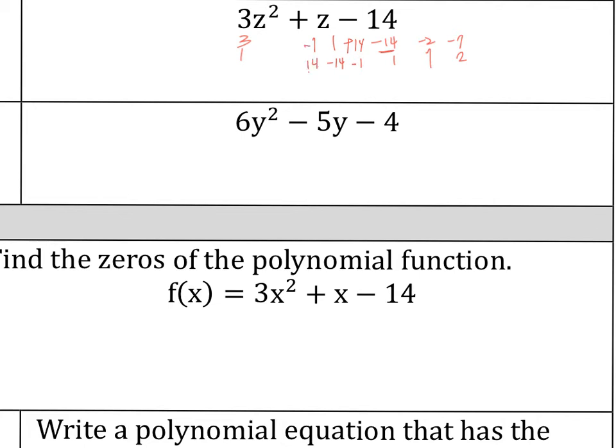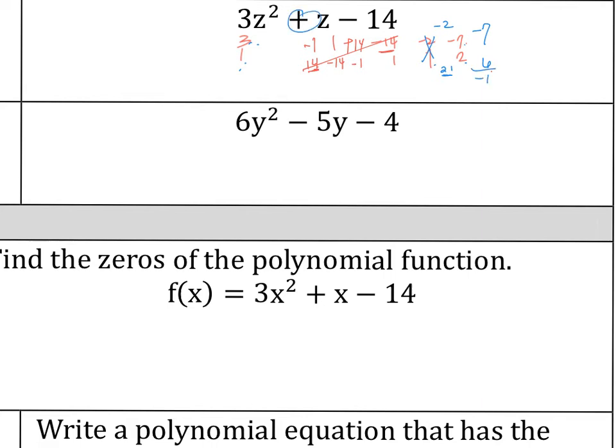Okay, because 14 is just too big. So I'm going to work with negative 2, 7 or negative 7, 2. 1 times negative 2 makes negative 2. 3 times 7 makes 21. Now 21 is too big, so this is not a good pair. 1 times negative 7 makes negative 7. 3 times 2 makes 6. When we add these two together, it's negative 1.